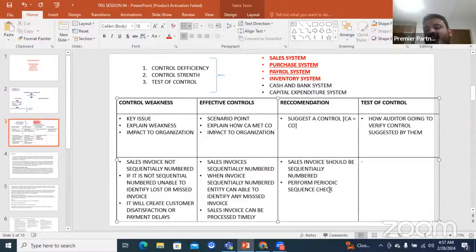For that, a direct control here is a periodic sequence check. Through that, this control becomes very effective. You got my point? This is what is called a recommendation. Now I am going to write the test of control. Test of control means we are using audit procedures to test whether the control activity met the control objective or not.